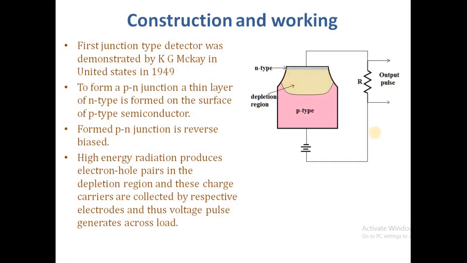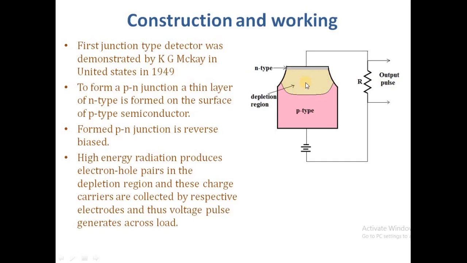If now a high energy charged particle is allowed to enter the depletion layer, electron-hole pairs are generated in the depletion region. These created electrons and holes drift towards respective electrodes.